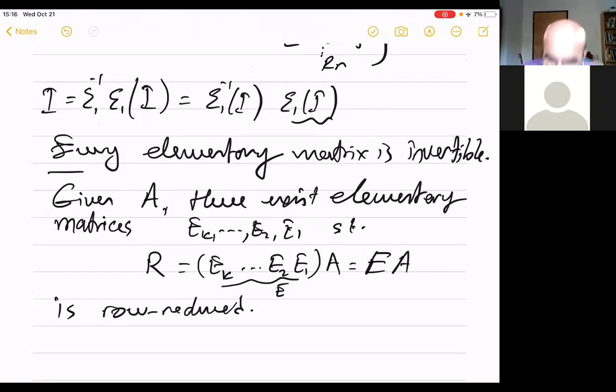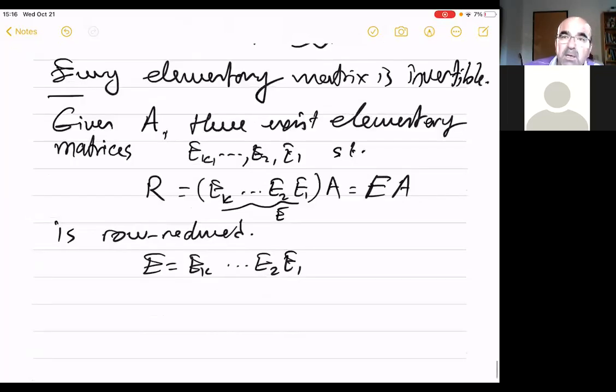Now each elementary matrix is invertible.